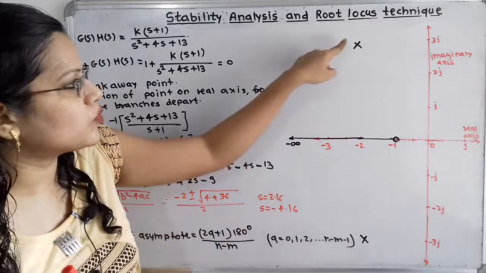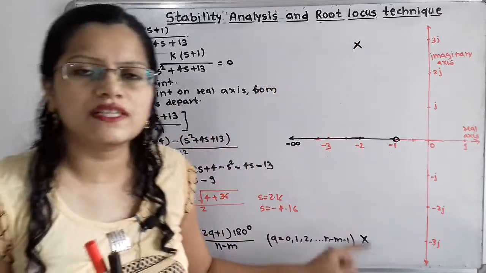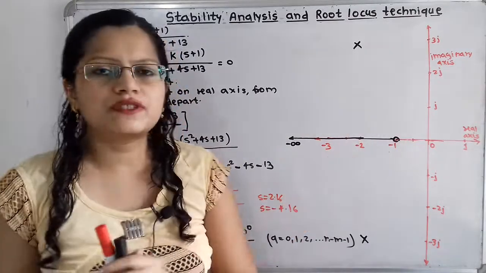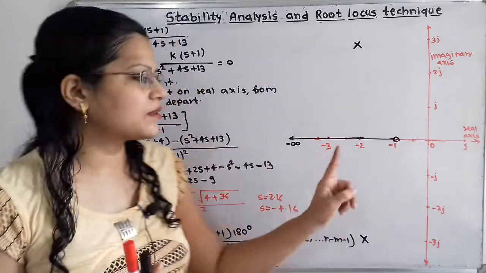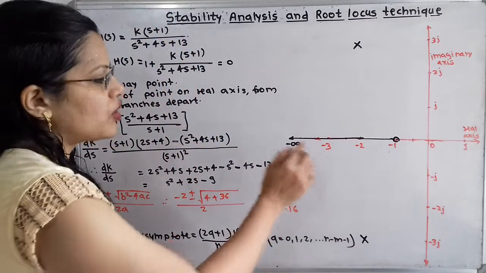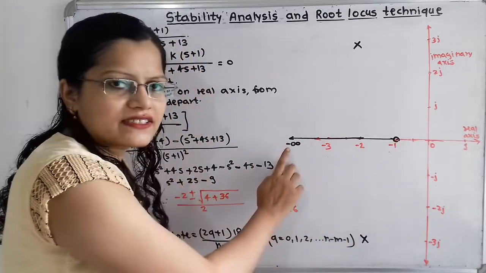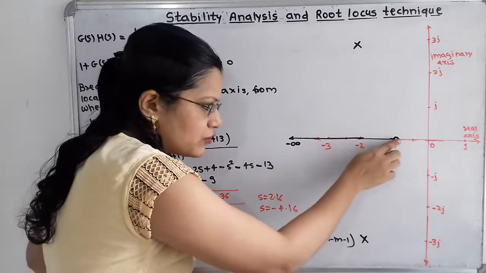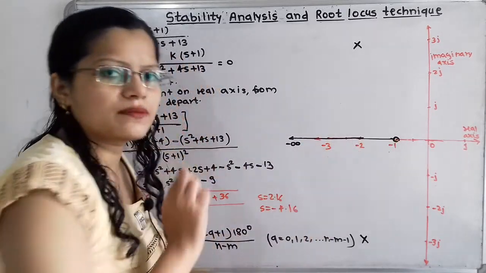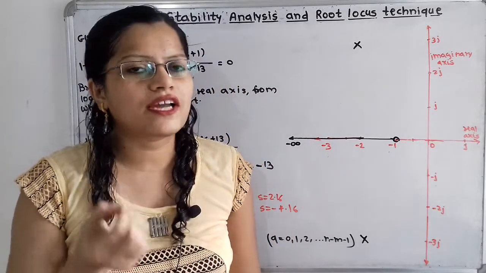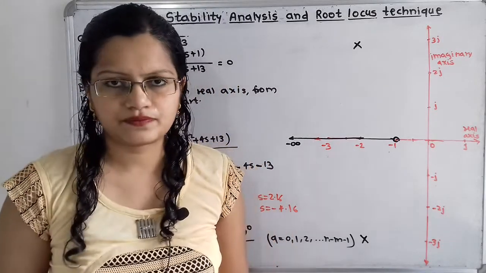So these are the two poles from where the branches will start, and one branch will end at the open loop 0 and the other branch will terminate to infinity. So what is the exact location of the point on this real axis from where one branch will terminate to 0 and the other branch will terminate to infinity? We have to find out that location of the point.